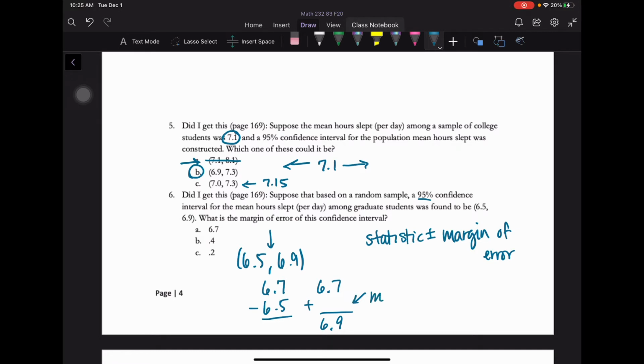This right here would be our margin of error, and this right here would be our margin of error. So you can think about it as 6.7 minus 6.5, or 6.9 minus 6.7. That's going to give you your margin of error. And hopefully you notice that 0.2 is what you would add and take away. So the answer to that is C.